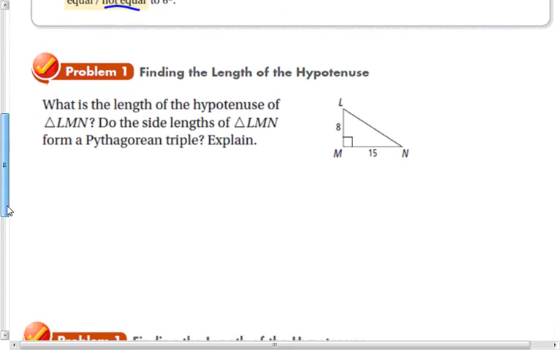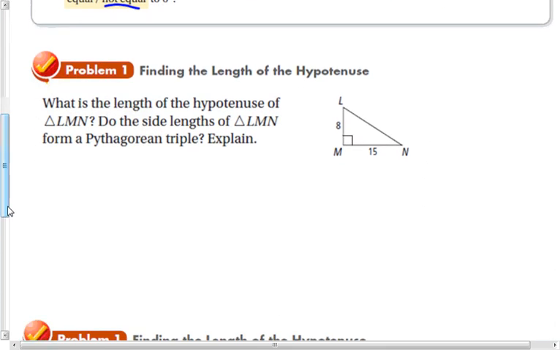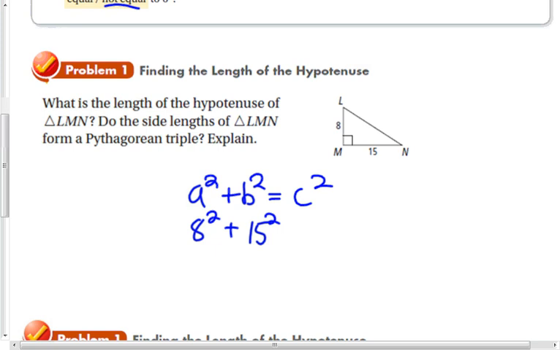All right, so we're going to use the Pythagorean theorem here to find the length of the side LN. And Pythagorean's theorem is a squared plus b squared equals c squared, where a and b are the legs and c is the hypotenuse. So we're going to substitute 8 and 15 for a and b, and LN for the hypotenuse.